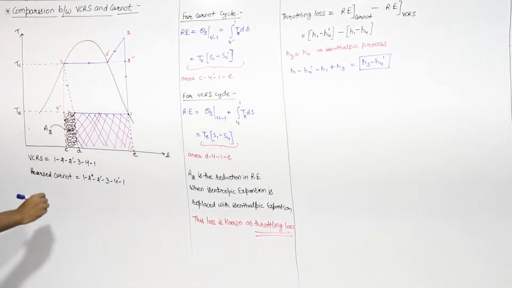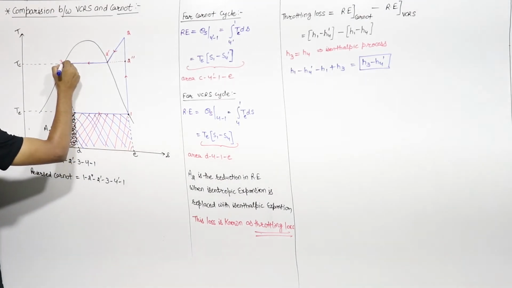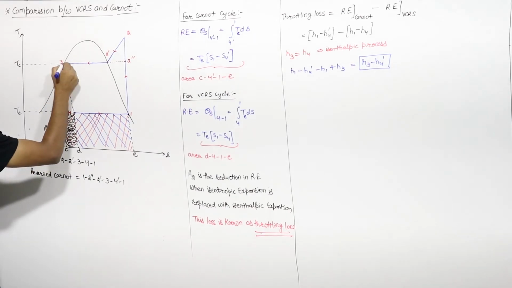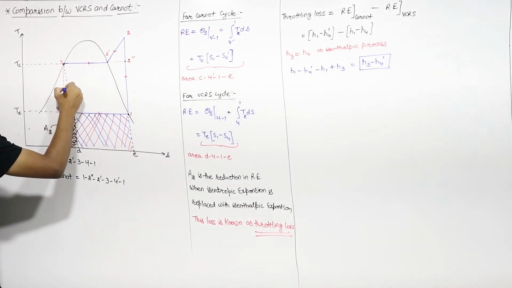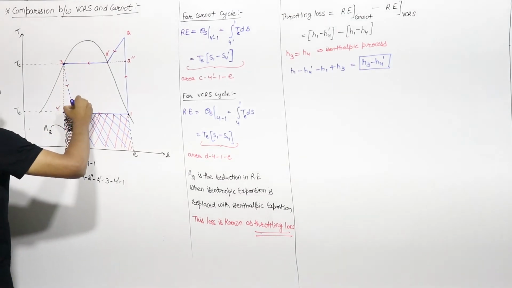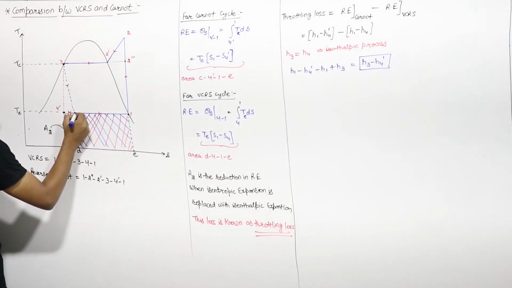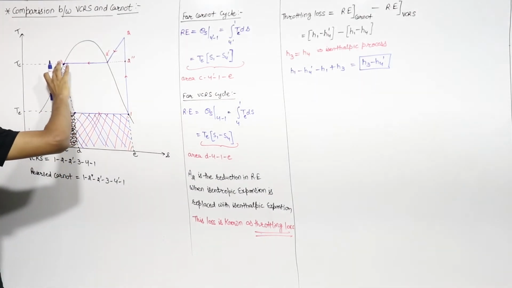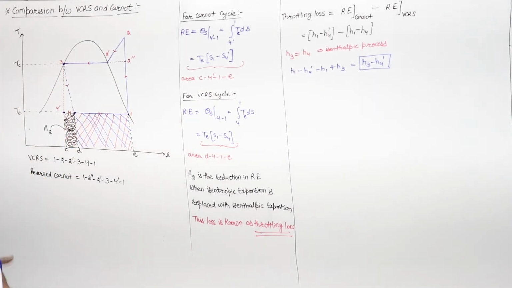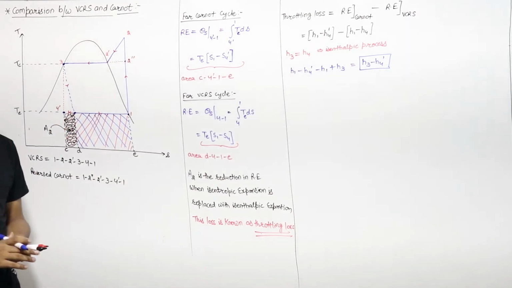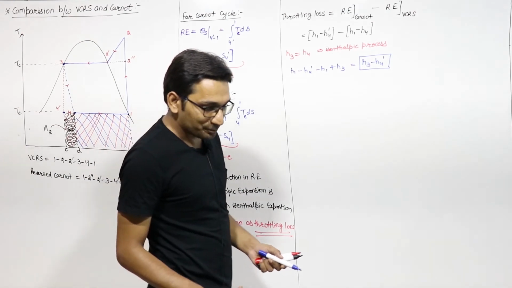The difference of enthalpy of point 3 and point 4 dash is lost. This much refrigeration effect is lost, because in the throttling process the enthalpy at point 3 and at point 4 dash is the same. So this area A2 is known as the throttling loss.